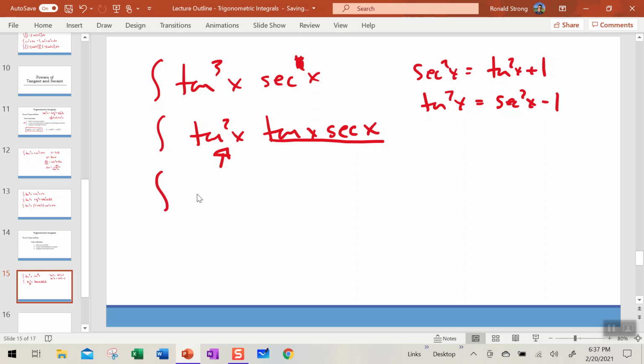So we would then have secant squared x minus 1, replacing the tangent squared, times the tangent x times the secant x. All right, at this point in time, we would do a little bit of algebra on it, and then we would be able to do a u substitution.